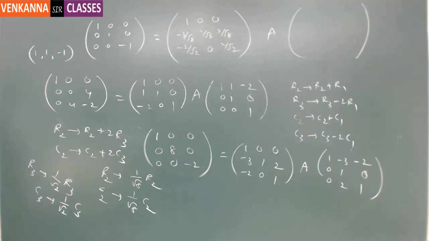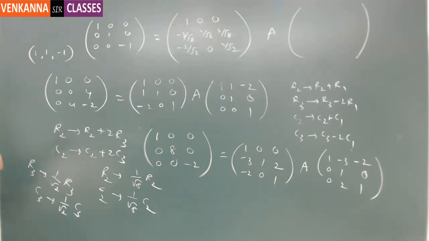Right. Now, every time writing the given matrix to the identity matrix, applying row and column operations as well, is a difficult task. It takes a very good amount of time. Even though you do a speedy calculation, it takes much more time. So in order to avoid that, one procedure is described, which is nothing but writing the augmented matrix.